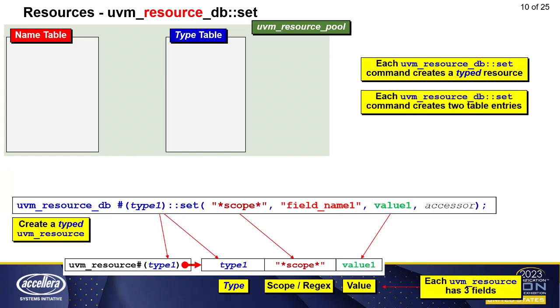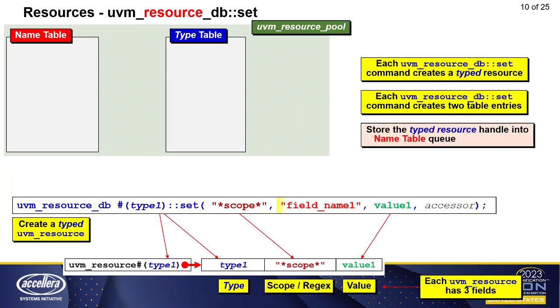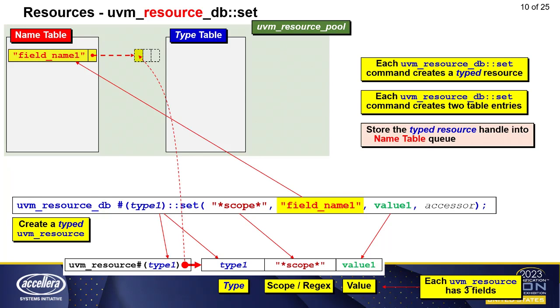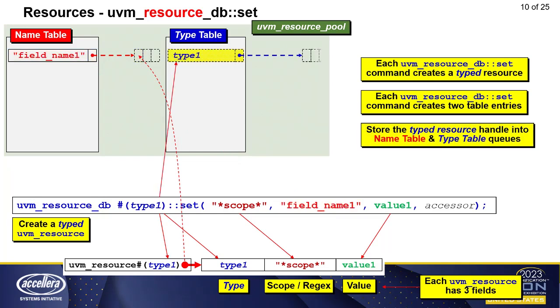Each UVM resource DB set command will create two table entries. First, the typed resource handle will be stored in a UVM queue, and the queue handle will be stored at the field name string location in the name table. Second, the typed resource handle will be stored in another UVM queue, and the queue handle will be stored at the type location in the type table.